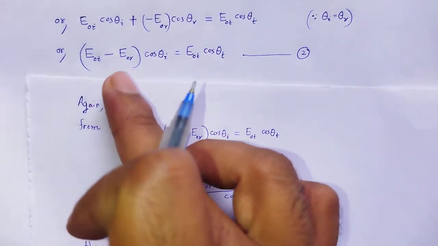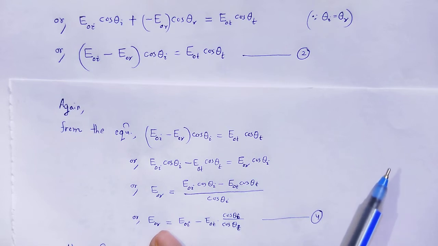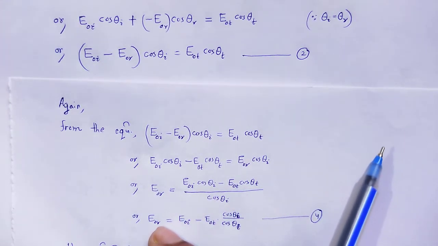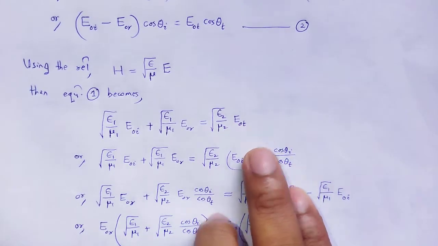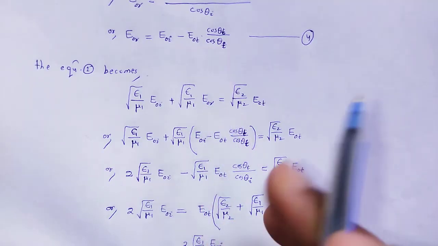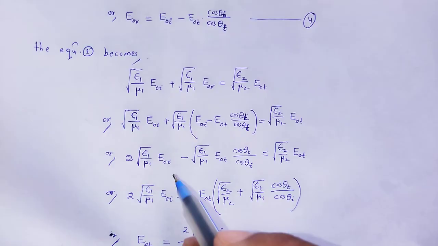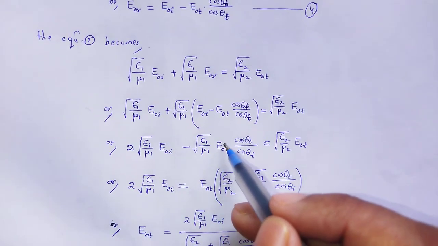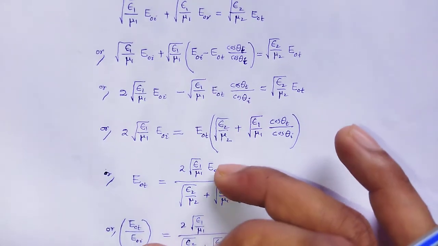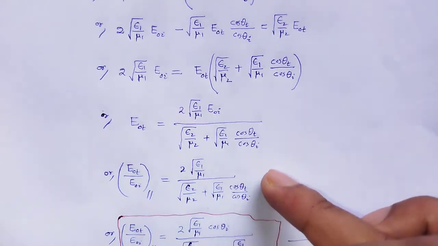In equation number 2, we calculate EOR in terms of that one and put that EOR in the expression. So in place of EOR we substitute that, and separating the terms related to EOI and EOT, our requirement is the ratio of EOT divided by EOI in the parallel situation.